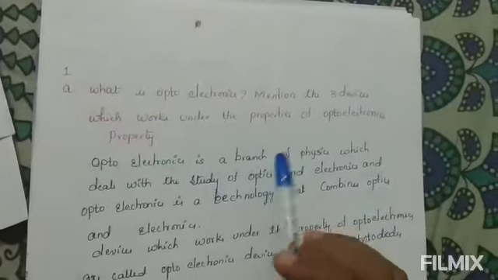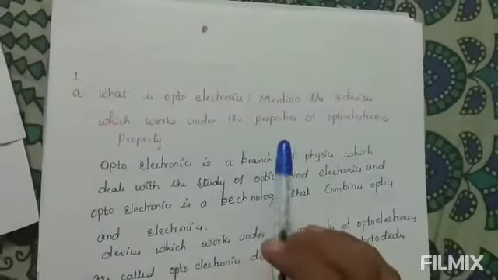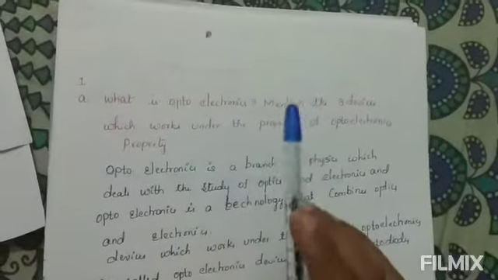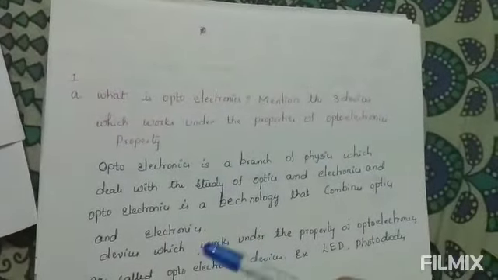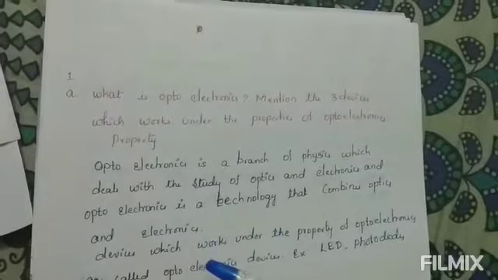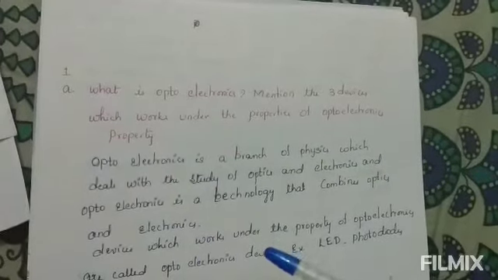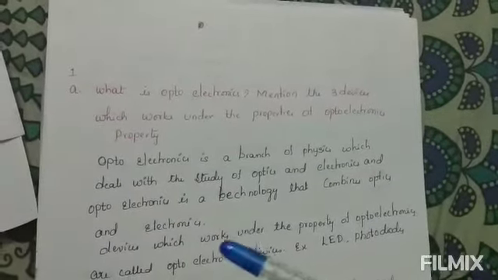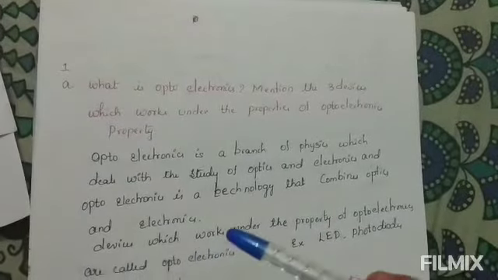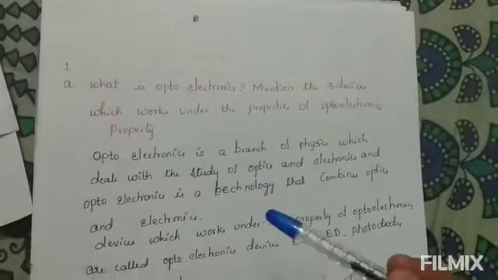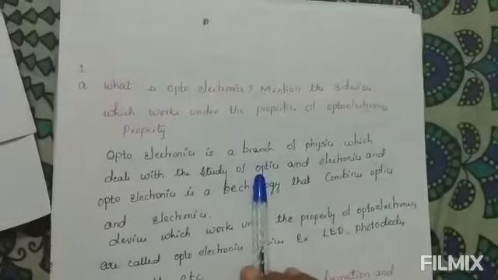There are many devices which work under these properties, which means we can use both optics and electronics in the devices. Examples: LEDs, photodiodes, solar cells are examples of optoelectronic devices. This question will carry 3 marks.